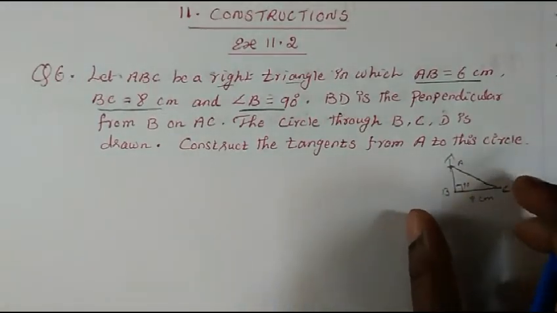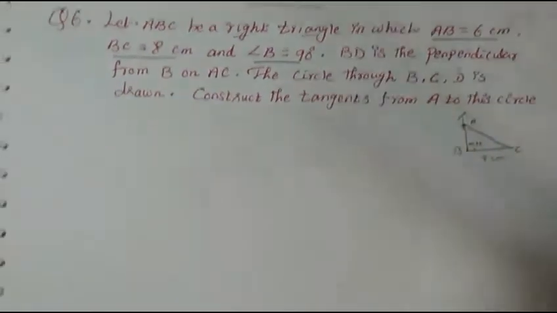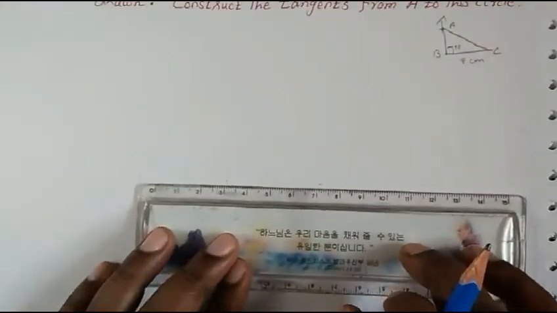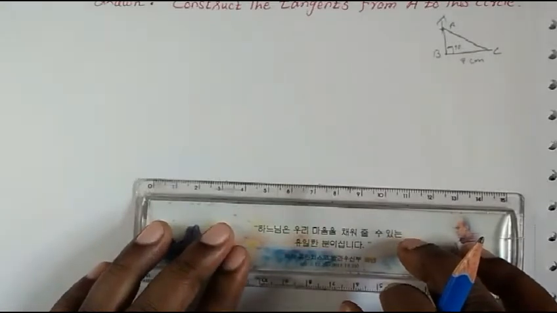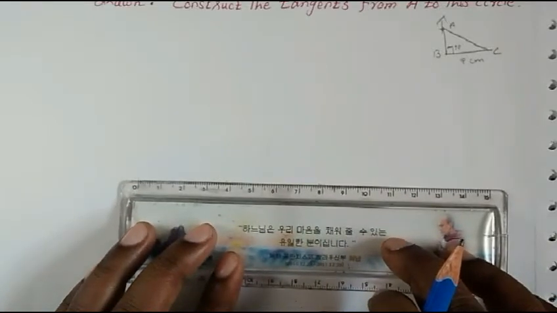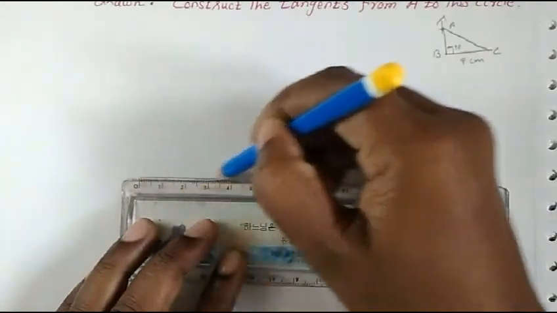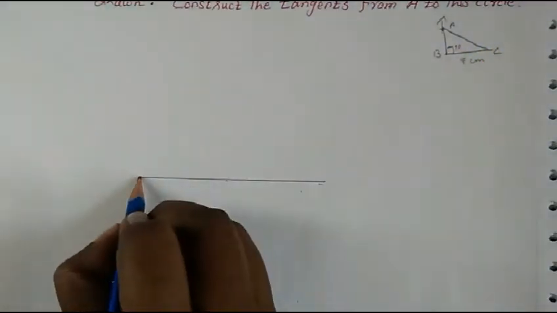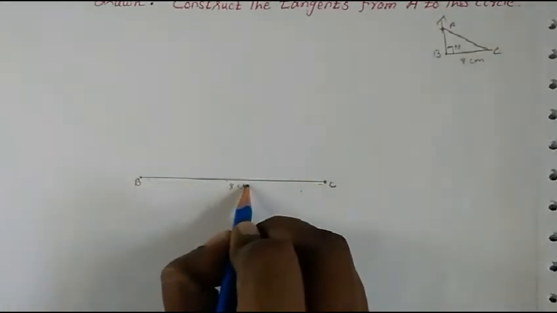Okay, so let's do this step first. Let's take BC 8 centimeter. Okay, so this is point B, this is C of 8 centimeter.